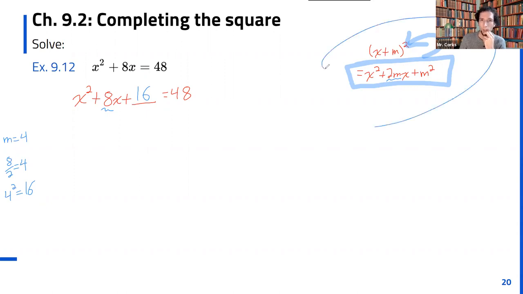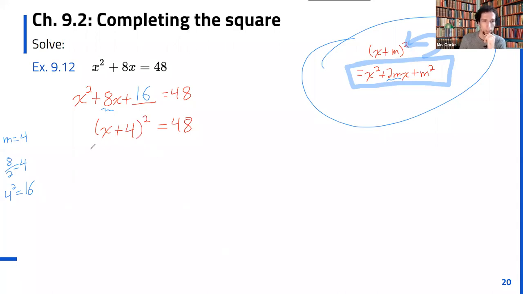And now we can go from the bottom one up to the top one. So what is the next line going to be? What do we have on the left? x plus 4 squared.